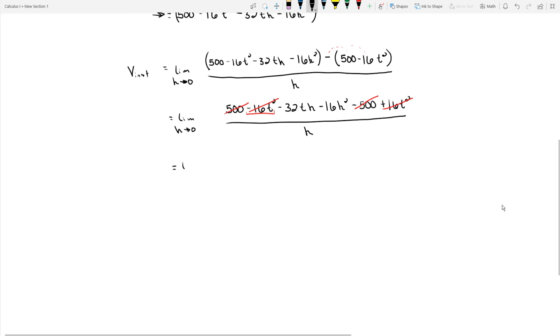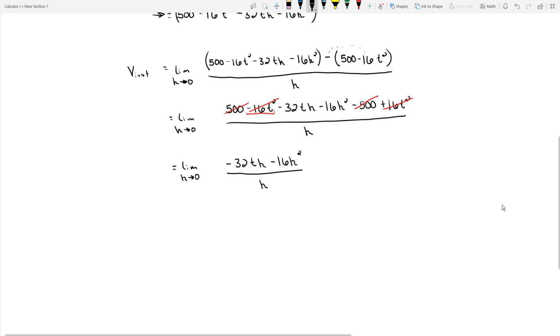So now we can rewrite this in a simplified form. And remember, we're trying to eliminate h in the denominator. It is approaching 0, and we cannot divide by 0. So we have negative 32th minus 16h squared, over h. If you can see this, right now each term does have an h.